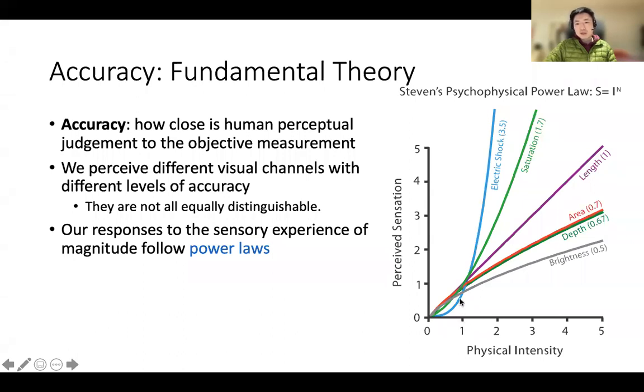At 1, you may think it's about 0.5, whereas if you go to 1.5, it's about 3. So it's like a 6 times difference in what you feel. Okay, so obviously it's not a good way to represent values, either accurately or as an accuracy.